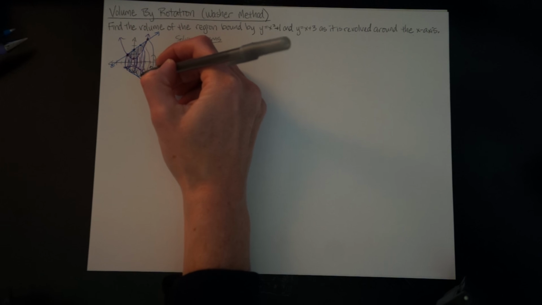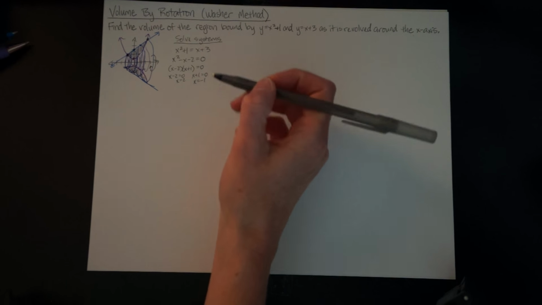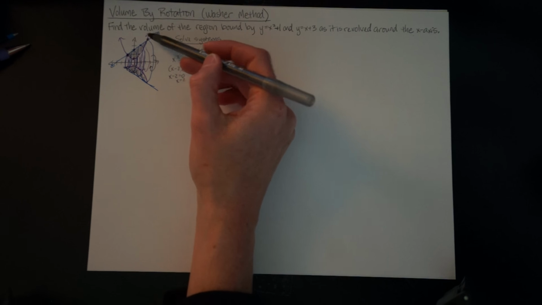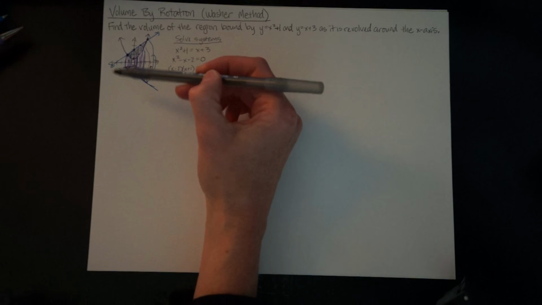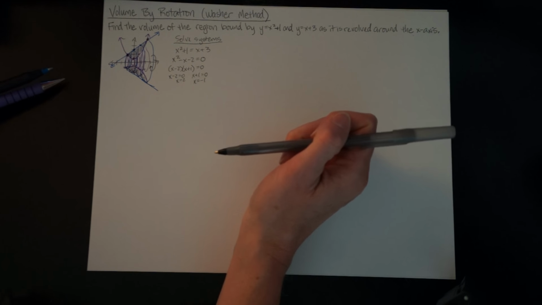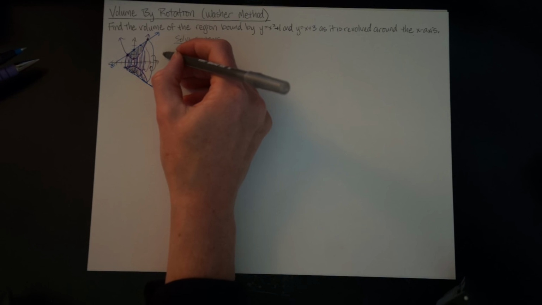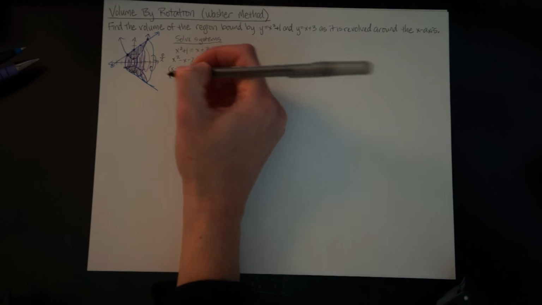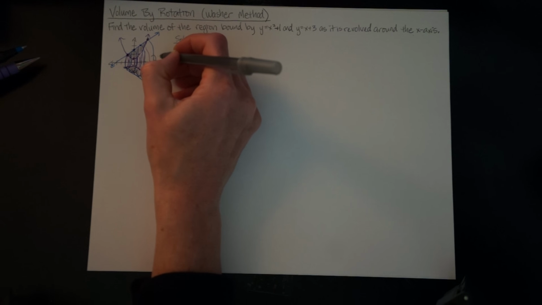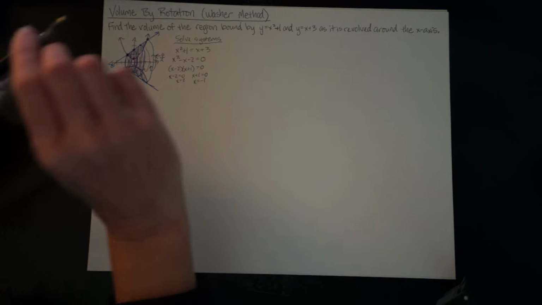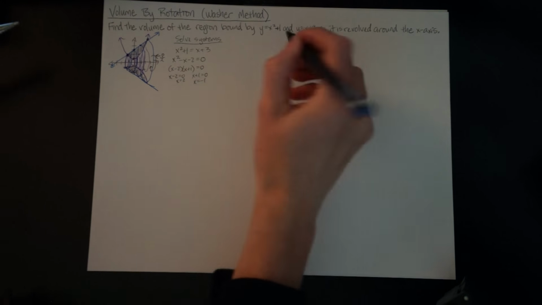So remember, this would be 3D, but this is what you can put on your paper to help you visualize. Remember, this is coming out and going under and coming around, so that 3D revolution that we have going on here. So imagine for a second that I'm standing on the end of that x-axis and I'm looking down into it. What am I going to see from the top looking down?